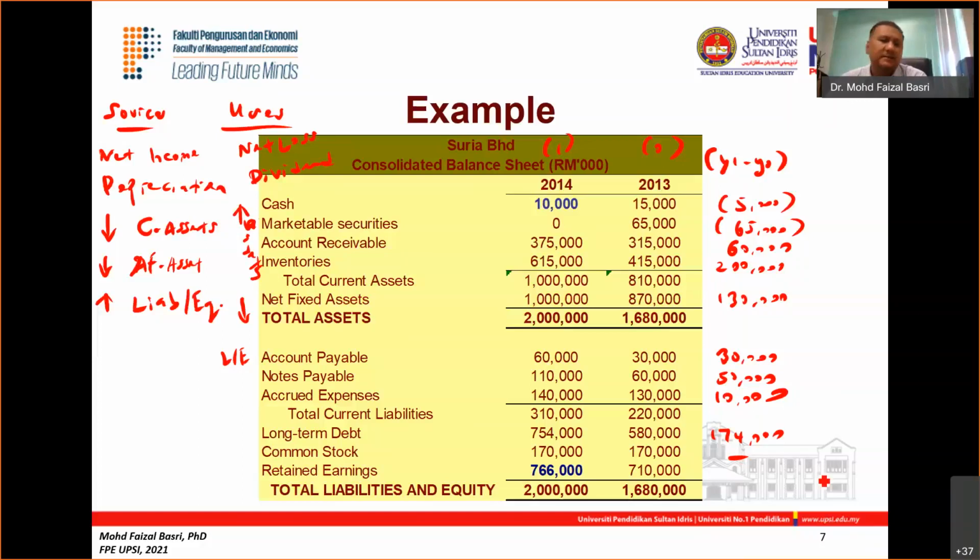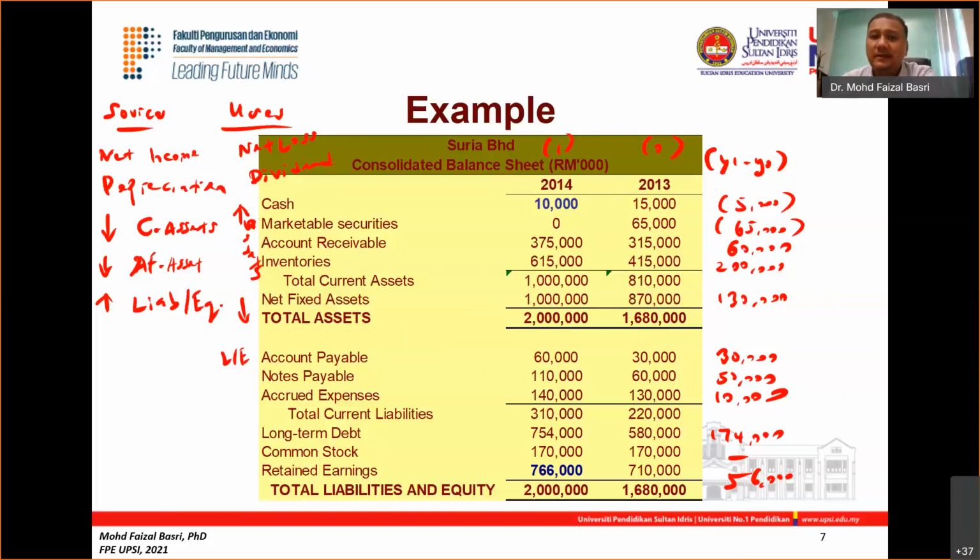Actually it's 56,000, the retained earnings difference, 6,000. So just minus everything. Some information will be used, some might not be used. Some will be part of operating, some will be part of investing, and some will be part of financing.